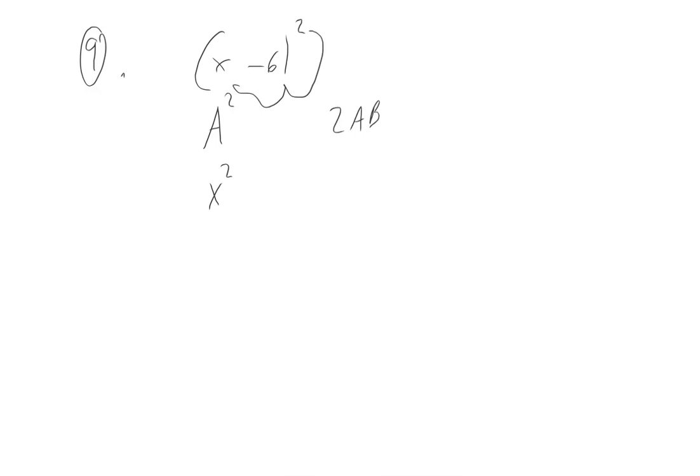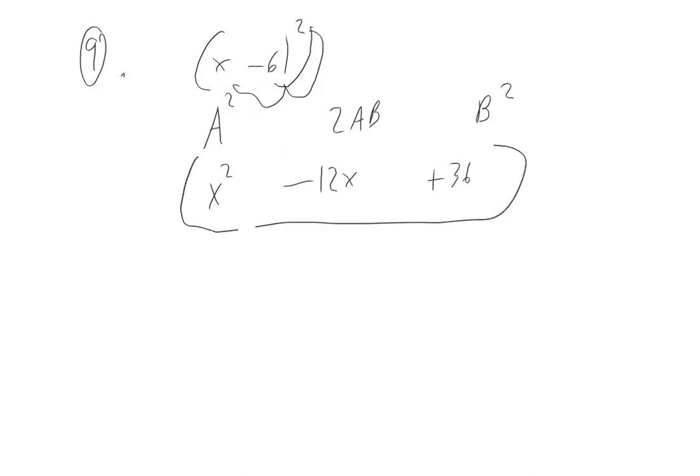So 2 times negative 6 equals negative 12, times x, which makes negative 12x, plus b squared. So b is negative 6. If you do negative 6 squared, that's negative 6 times negative 6, which is positive 36. So that's the answer.